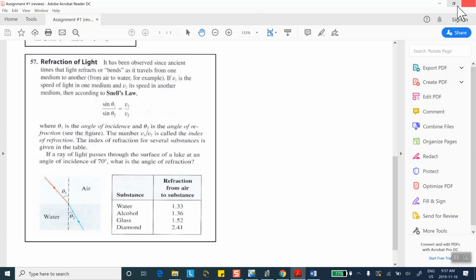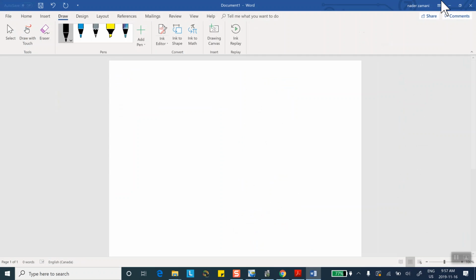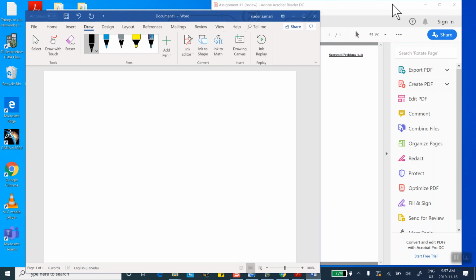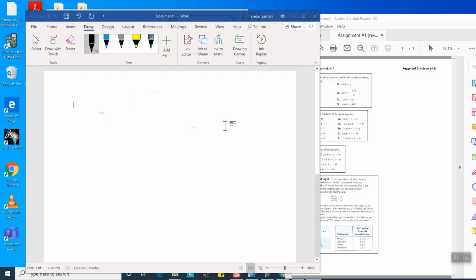So let me go ahead to my Word page right there. I'm going to move this out of the way so that we can see what we're doing. Okay, so we have sine of theta 1 over sine of theta 2 for the water-air interface.